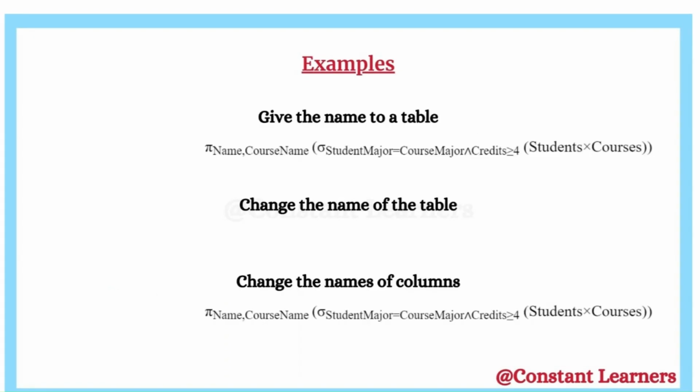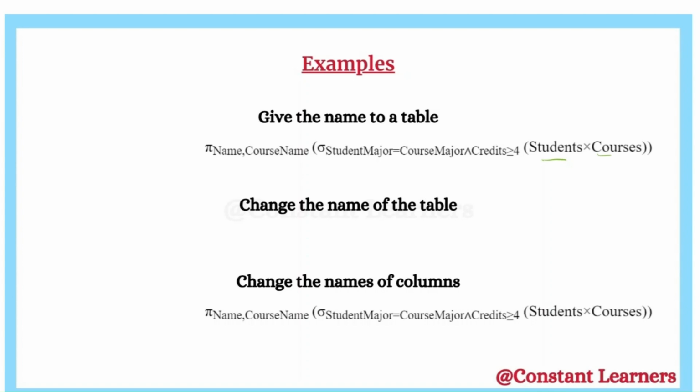Now let's see some more examples. Let's say I want to give a name to a table whose query is this: Pi name, course name, sigma student major is equal to course major and credits are greater than or equal to 4, and that is also for the cross product of students and courses. This I've already discussed in the previous video, in the Cartesian product video.